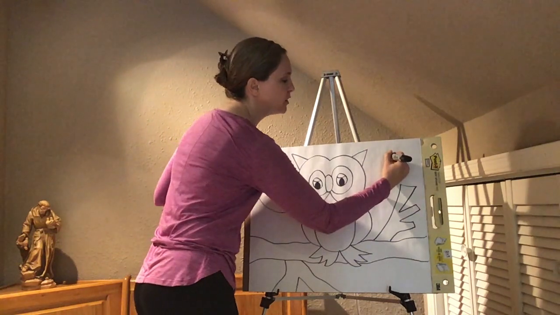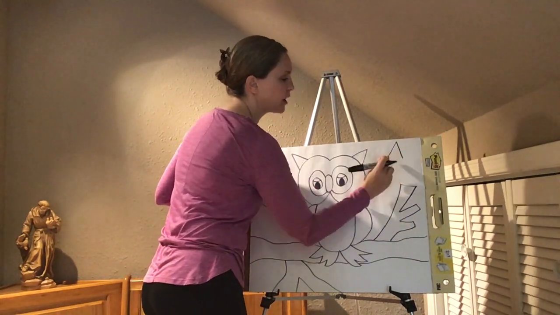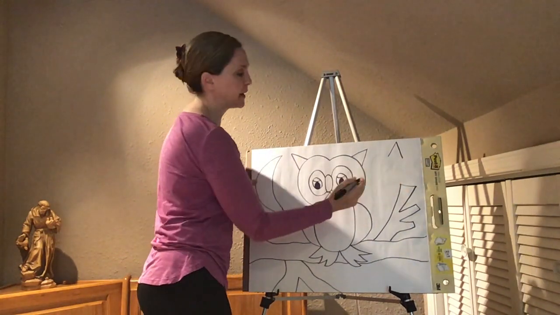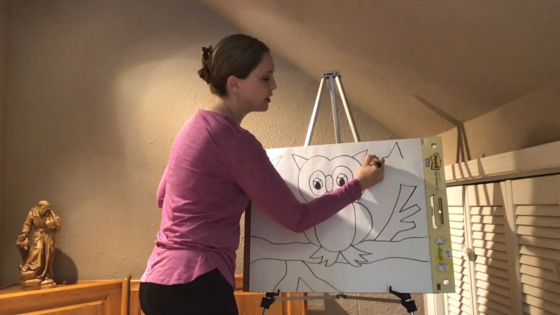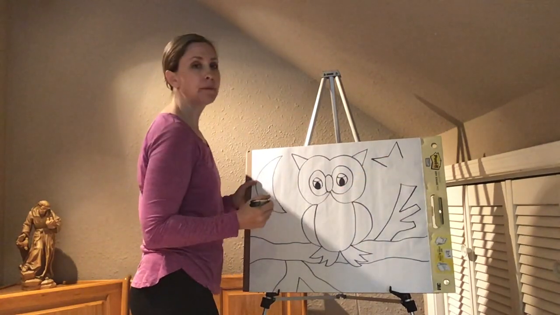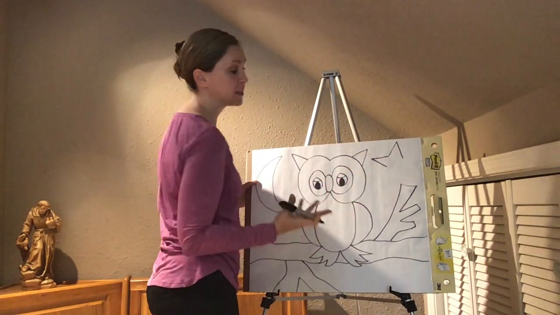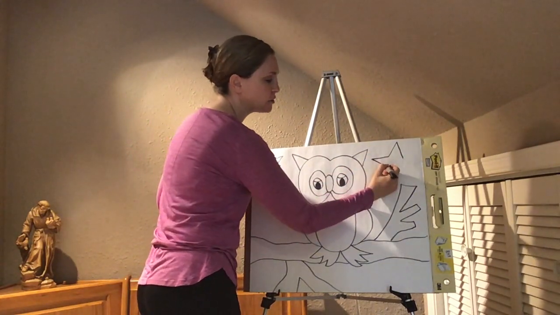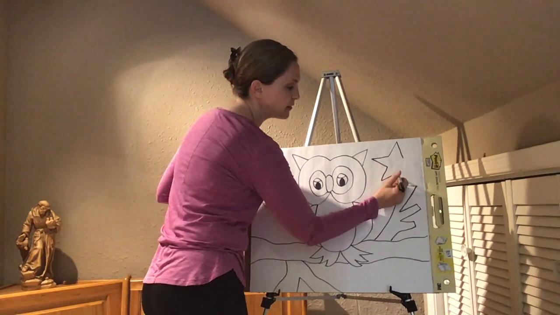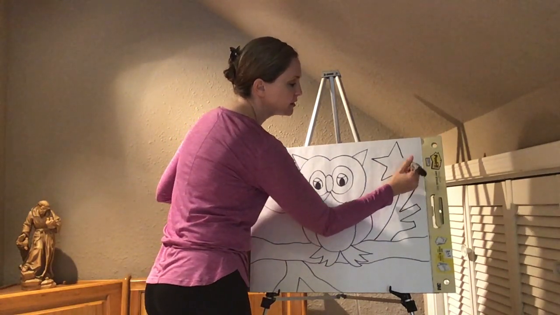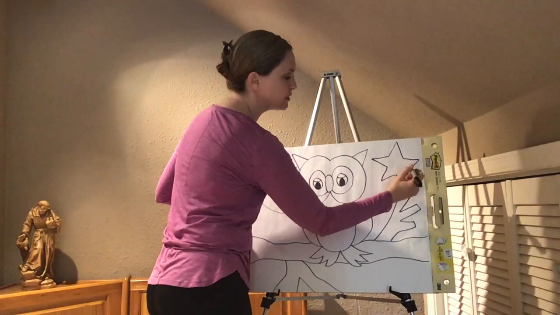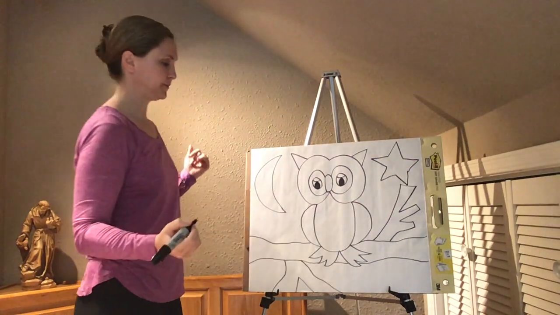So I'm going to do the pointed part of the triangle going up, but I'm not going to give it a base. And then I'm going to do that again to the side of it. I'm going to do it 5 times to make myself a 5-pointed star. But it goes around in a circle so that you don't have any lines that cross. You may do whatever you'd like, if you're even going to add a star.